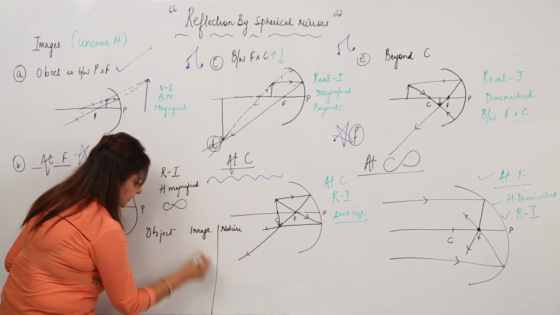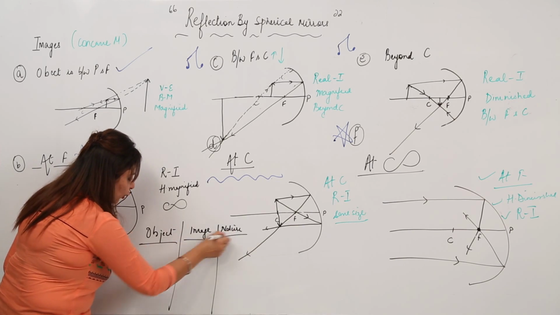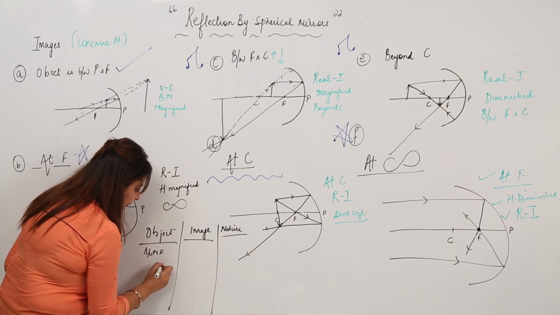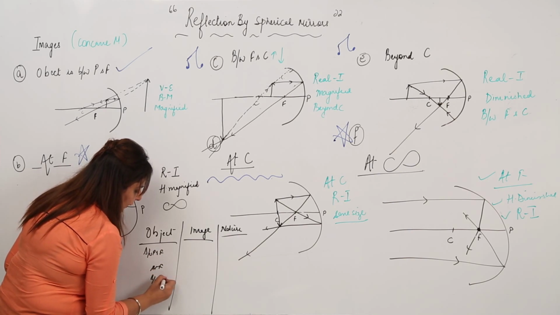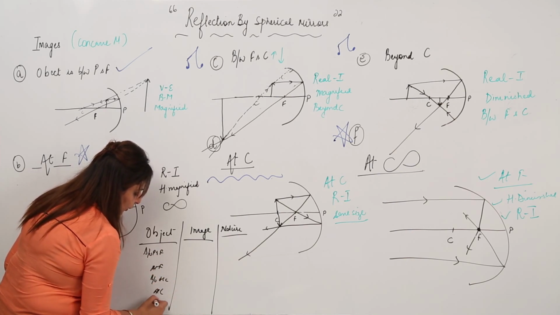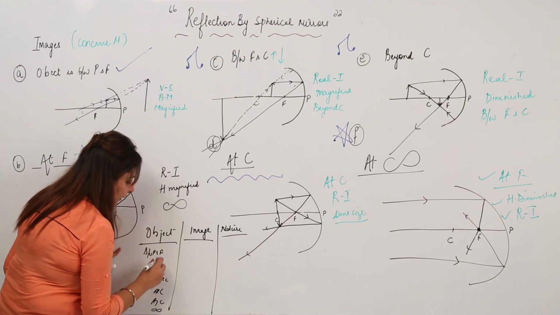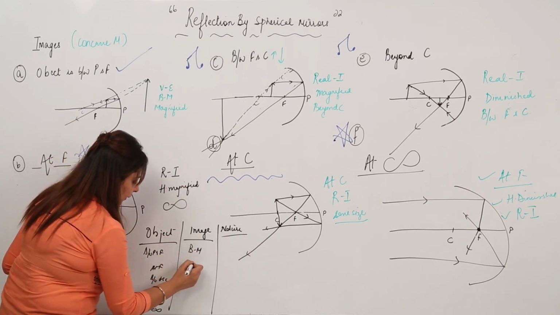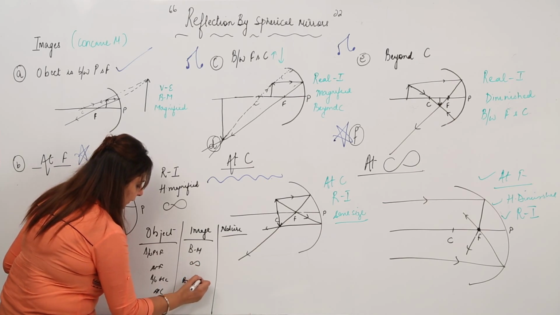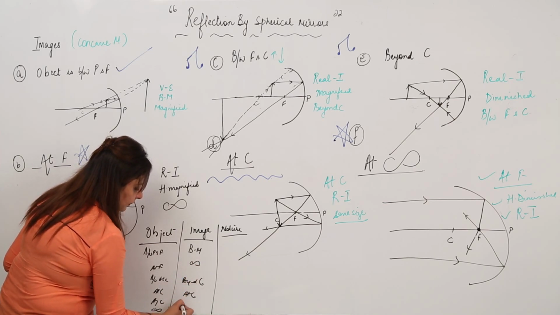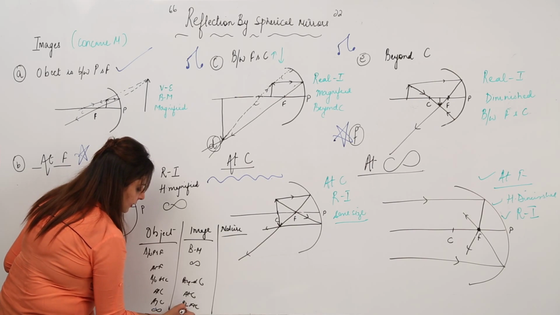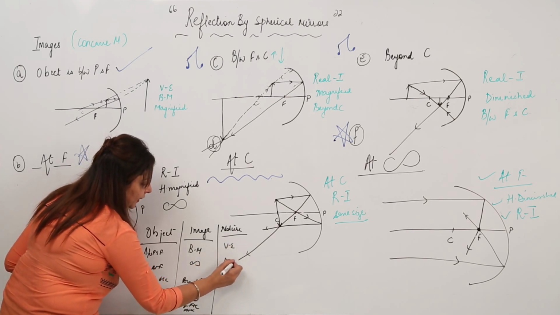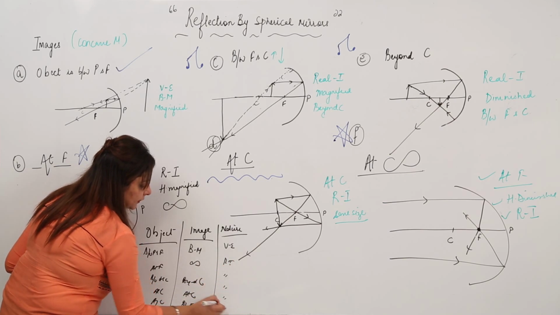I wrote all the cases like between P and F, at F, between F and C, at C, beyond C and infinity. And then I wrote there behind mirror, infinity, beyond C, at C, between F and C and at F, and even the nature, because the first one is virtual erect, otherwise all are real inverted.